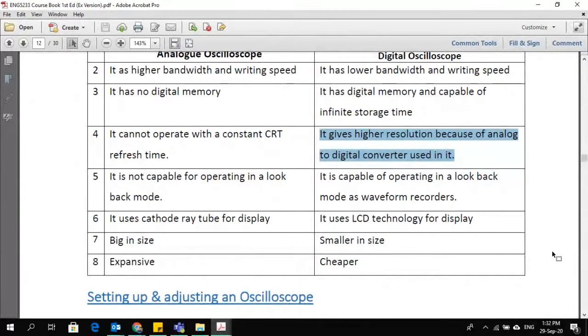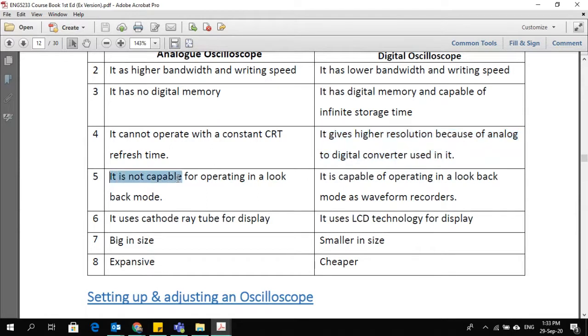Let's say it is 1 million pixels per inch; assume that it is samples per second for the oscilloscope. While for the ultra HD TV, he will tell you it can take 2 million pixels per inch. So it's giving you a quality picture, and it has more in-depth detailing. Same like that, in the digital oscilloscope you can modify and increase the sampling rate. So it's giving you an advanced feature.